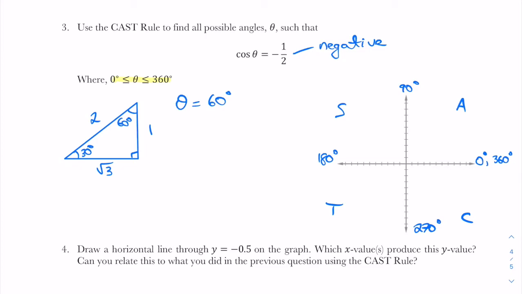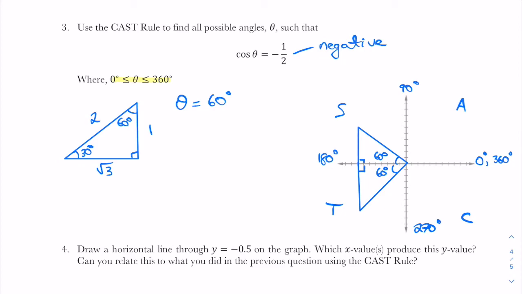So as before, we're going to construct two right-angled triangles where the related acute angle is 60 degrees. Okay, and just to remind you, we have to express these as positive counterclockwise angles.